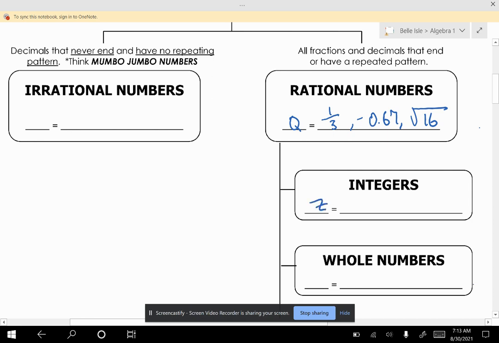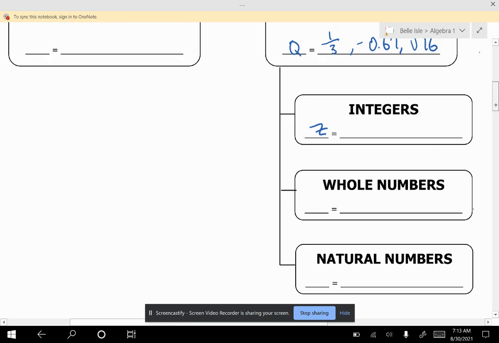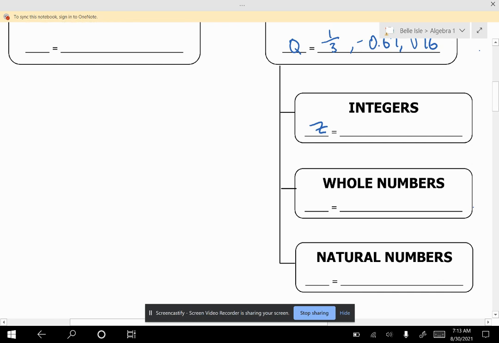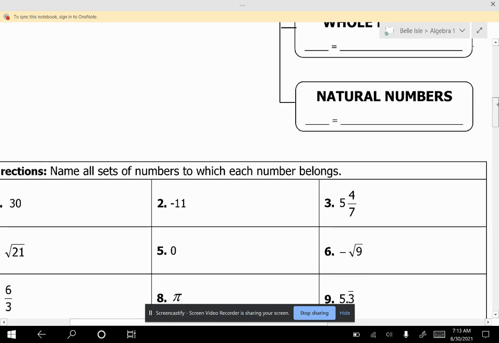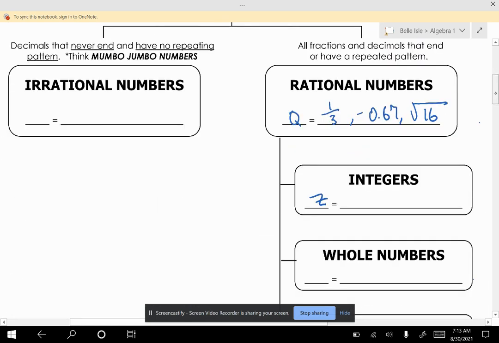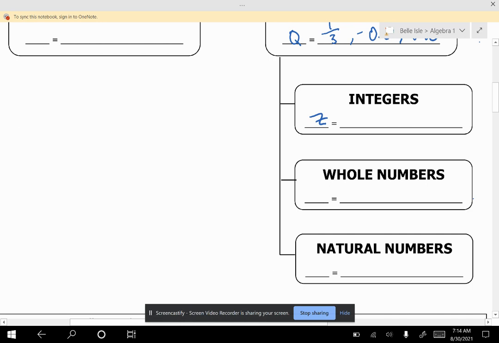Okay, so rational numbers can have kind of three different categories. You've got integers. Oops, excuse me. Integers. So like -2, -1, 0, 1, 2. Those are integers.